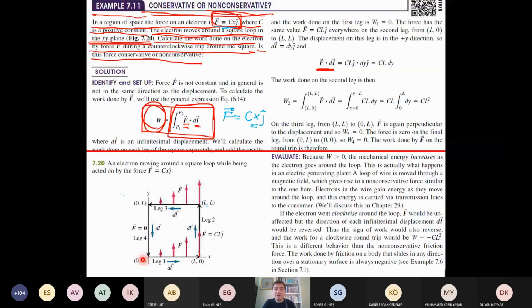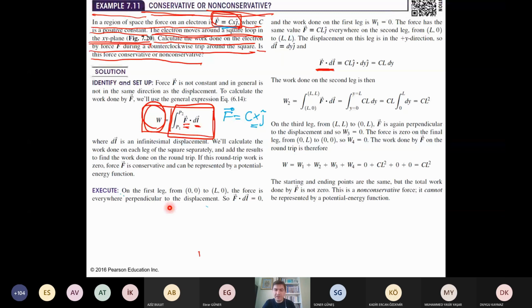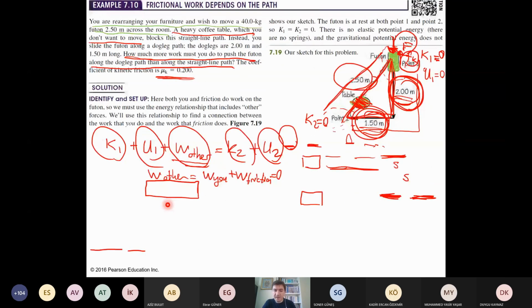So if the object goes to the starting point, the work done by the conservative forces must be 0. Here we have discussed that the work done between 2 points by any conservative force is 0 if the starting and ending points are the same.